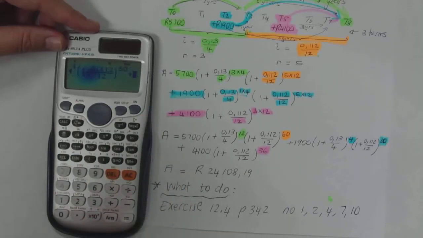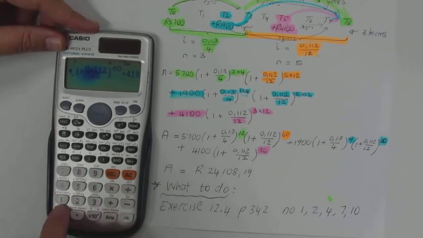Okay, plus 4,100. Now look at that. Do you see I cannot carry on because my calculator has run out of digits for me to use?